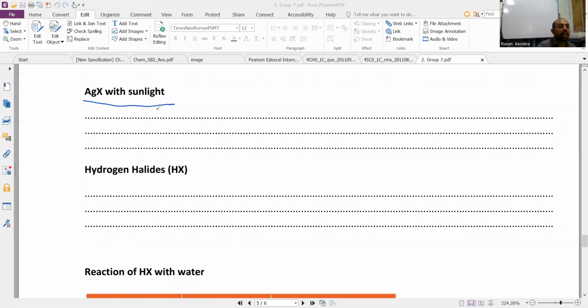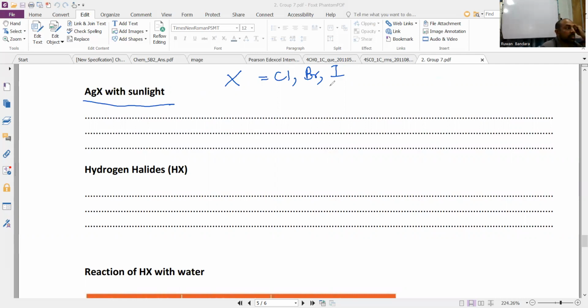AgX, X stands for halide: Cl, Br, I. In the presence of sunlight, AgBr and AgCl turn dark.